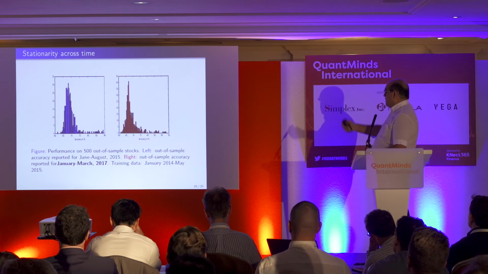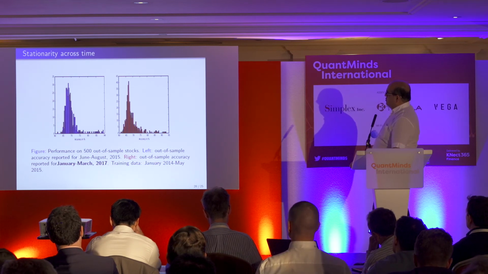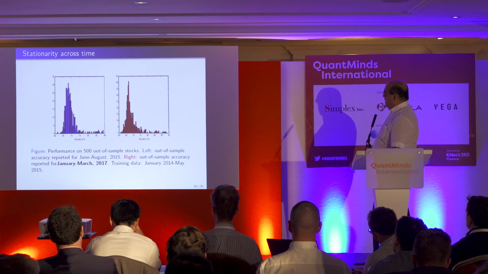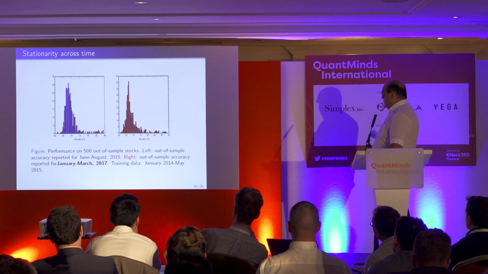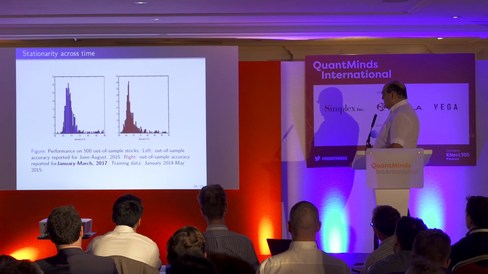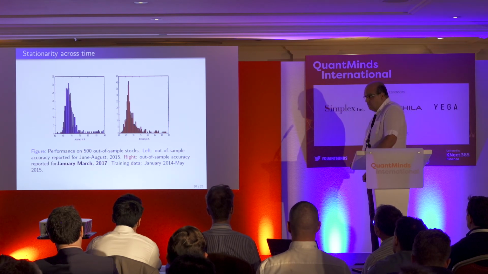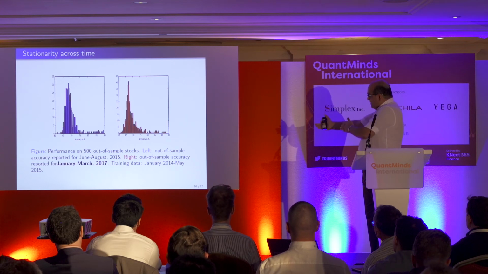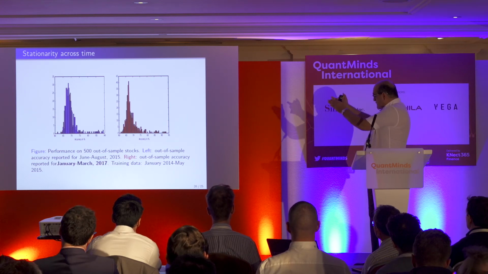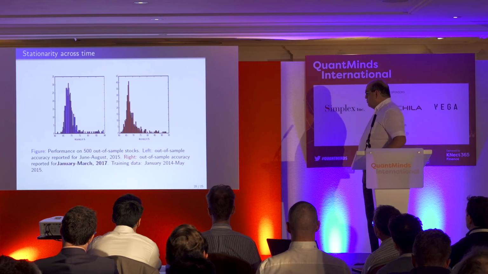So here's, for example, the accuracy on the left for June to August 2015. And then on the right, the red curve is the same graph, out of sample accuracy for January to March 2017. And the training period is always the same. It's the same neural network. It was trained up to May 2015.